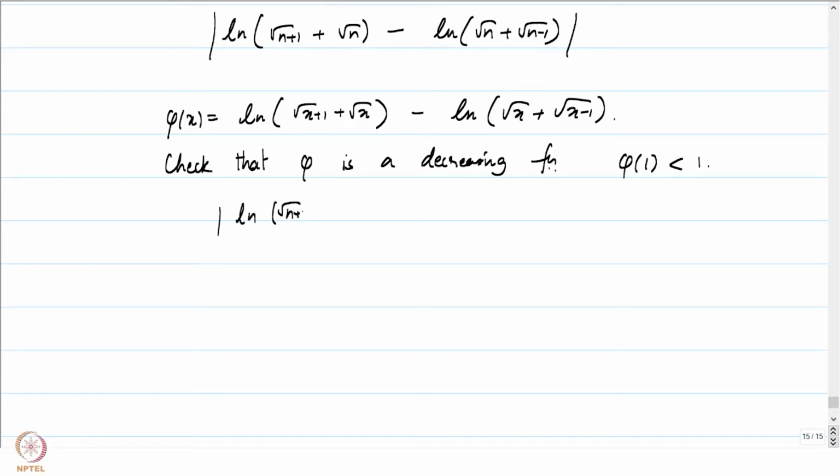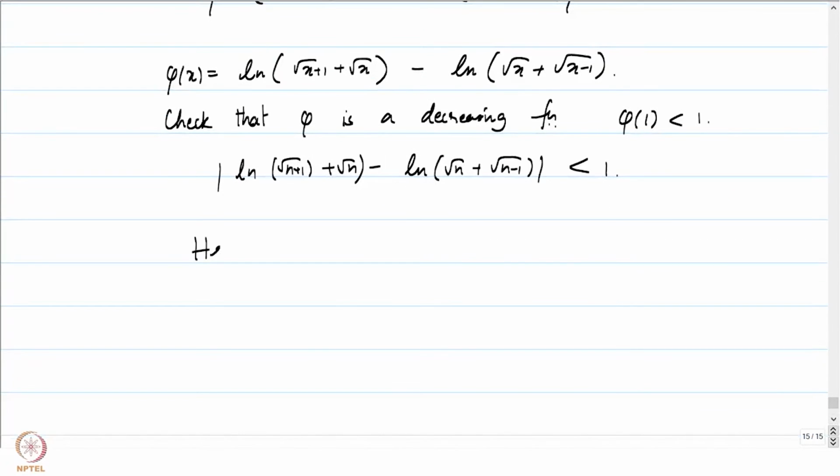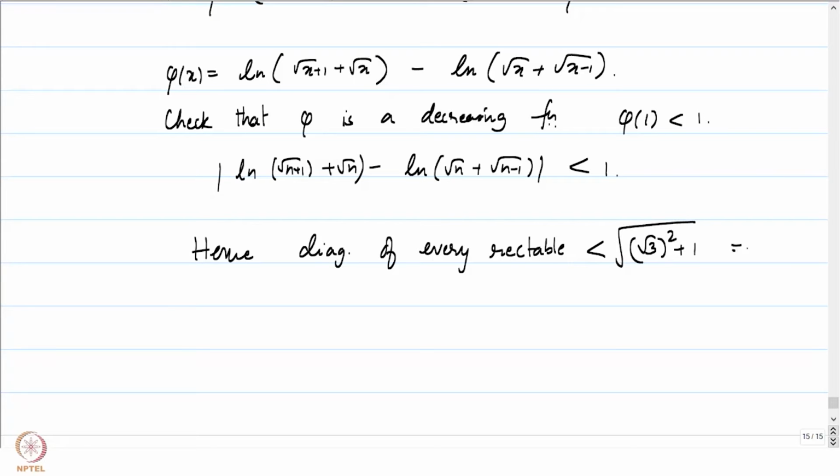square root of n plus 1 plus square root of n, minus log of square root of n plus square root of n minus 1, is less than 1. So the height and the width are both bounded by root 3 and 1 respectively. Hence the diagonal of every rectangle is bounded by the root of 3 squared plus 1, which is equal to 2.